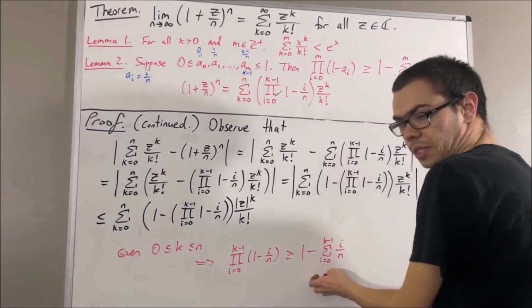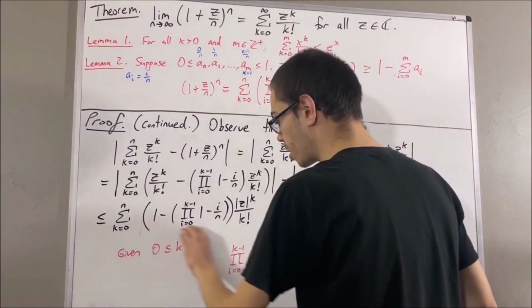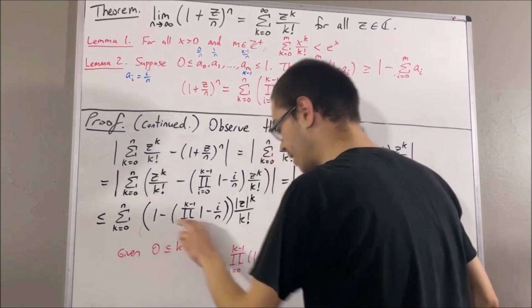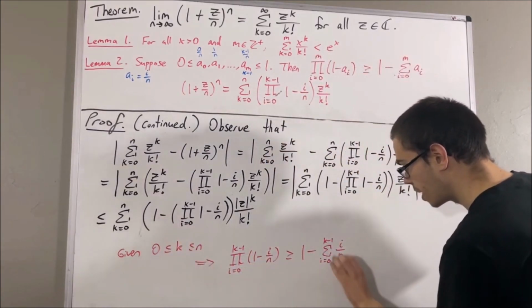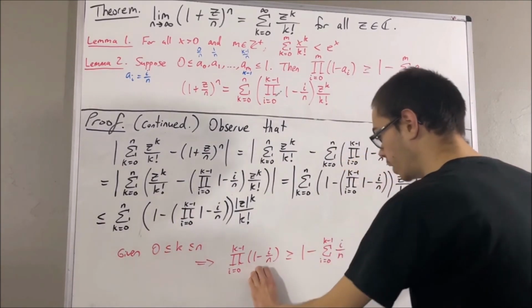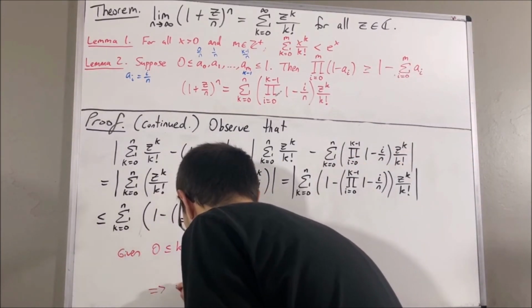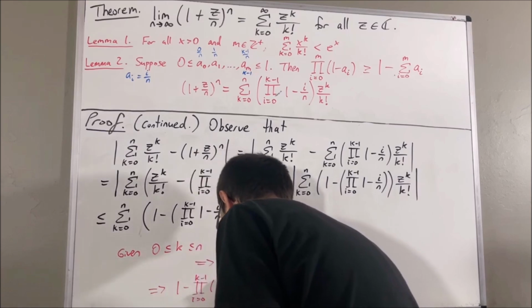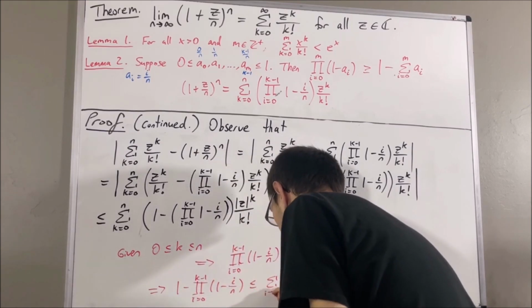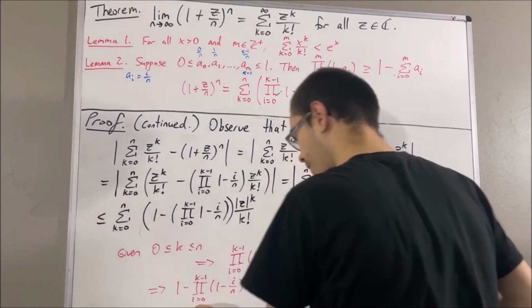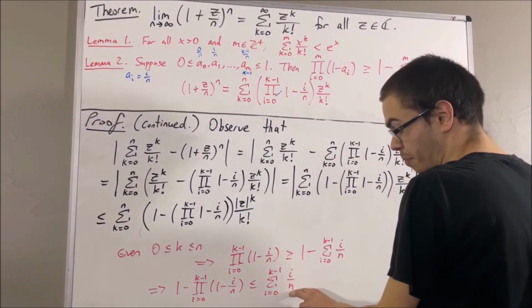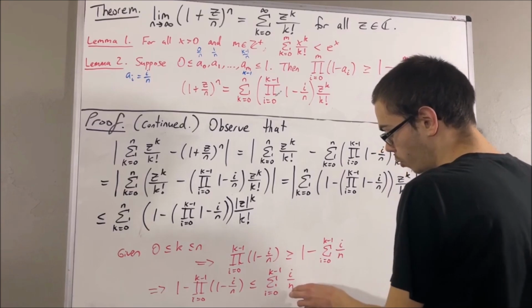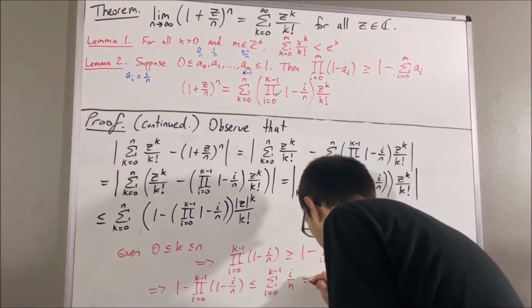So what can we do with this? Well, notice in our sum, we have 1 minus this product. So if we subtract this over to the other side and add this over to the other side, we get this. But then we know that since n doesn't depend on the index I, we can pull the n to the outside of the sum.